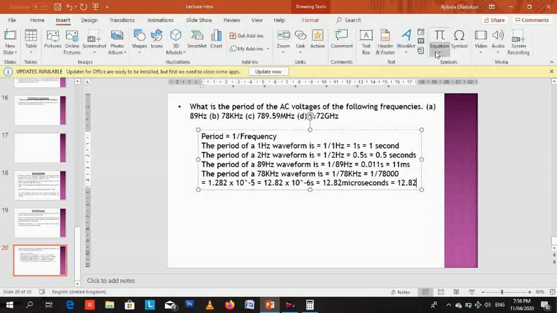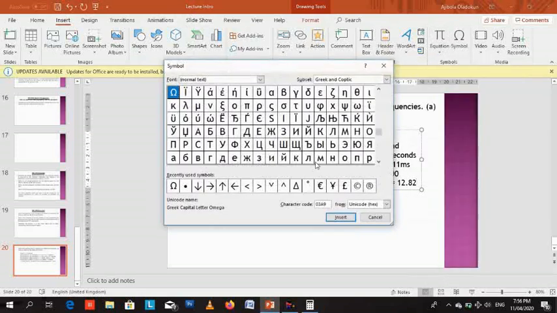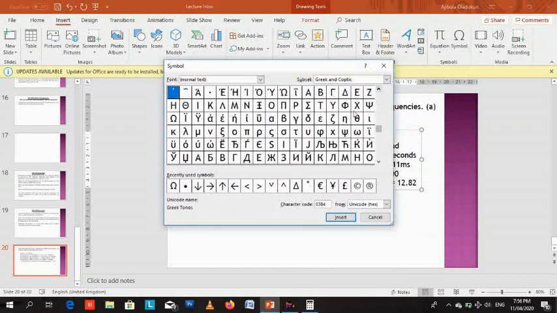The symbol for micro, let's check some Greek characters. Let's go to symbol, under Greek and Coptic characters. I think mu is a character. Where's mu? That's not mu, I think.